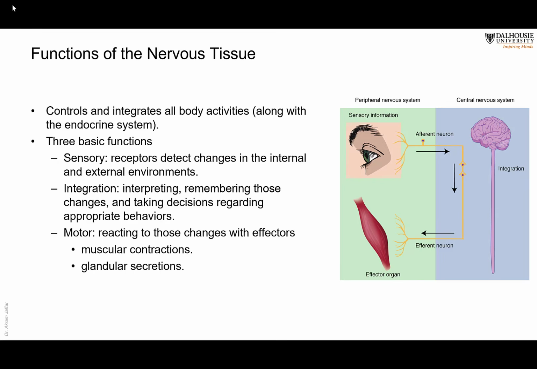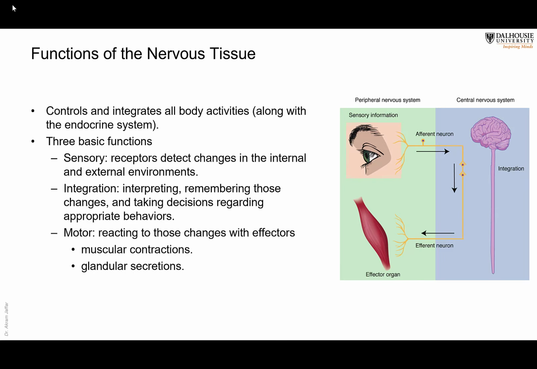So you detect inside and outside stimuli, and then that will be integrated, like in the central processing unit of the computer. There's integration, interpreting, remembering changes, and taking decisions. What are we going to do? And then after that, there is the output in the form of motor activity.